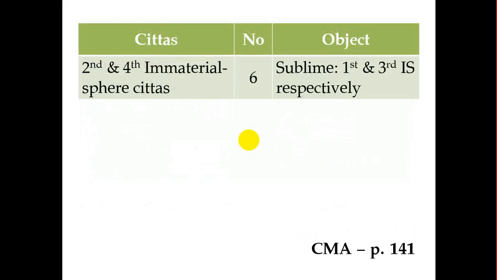Next one: the second and fourth immaterial sphere chetas. I think when you learn this one, it will be clearer, because the cheta above is very complicated and very difficult. But this one is very easy.